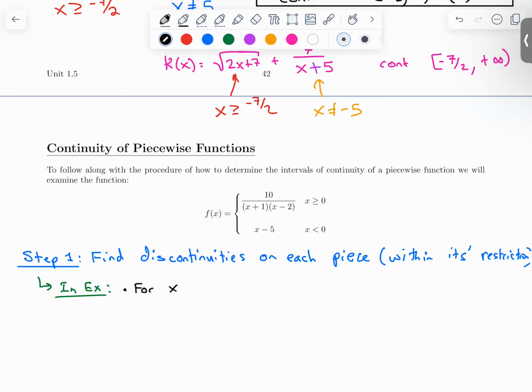For x greater than or equal to 0, f of x will equal 10 over (x plus 1) times (x minus 2). When our values are greater than or equal to 0, our function is equal to that. This function is discontinuous at x equals -1 and 2, right?